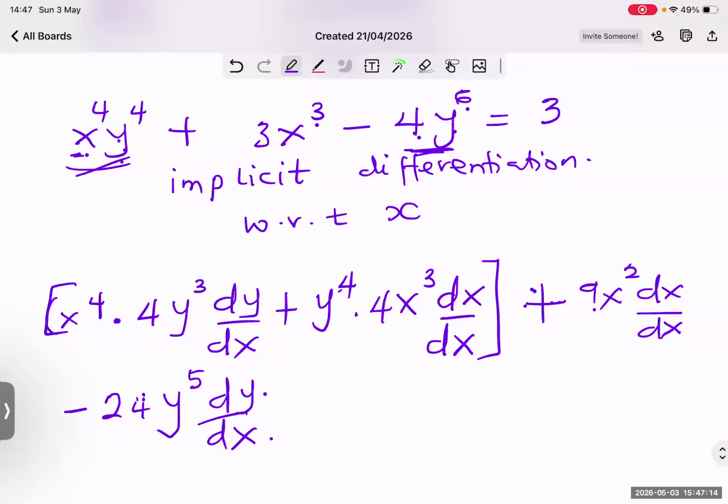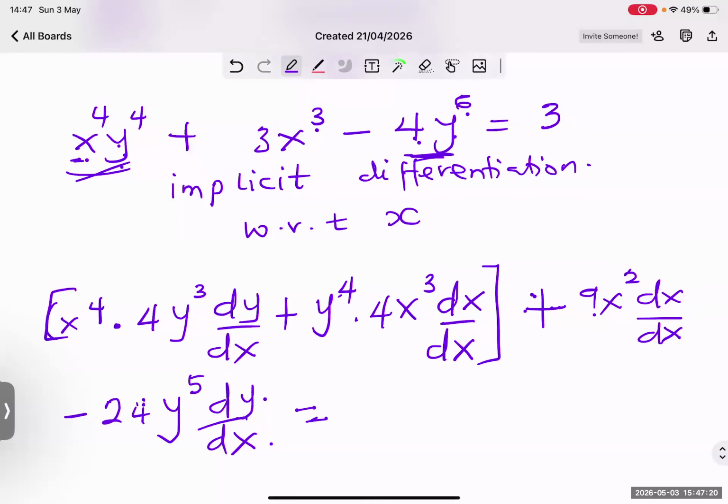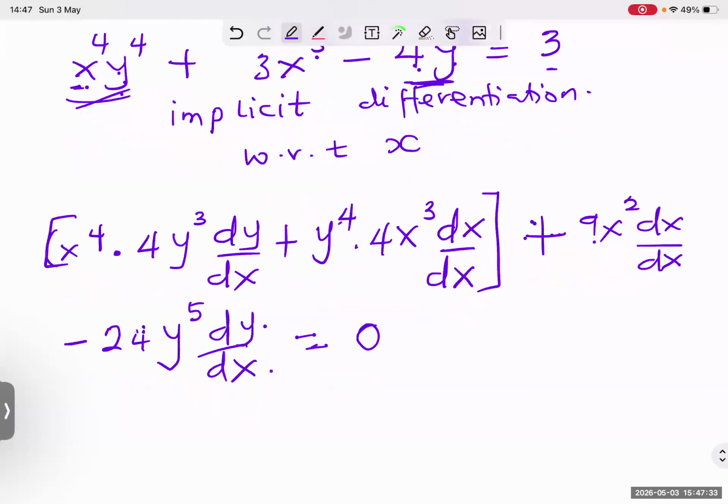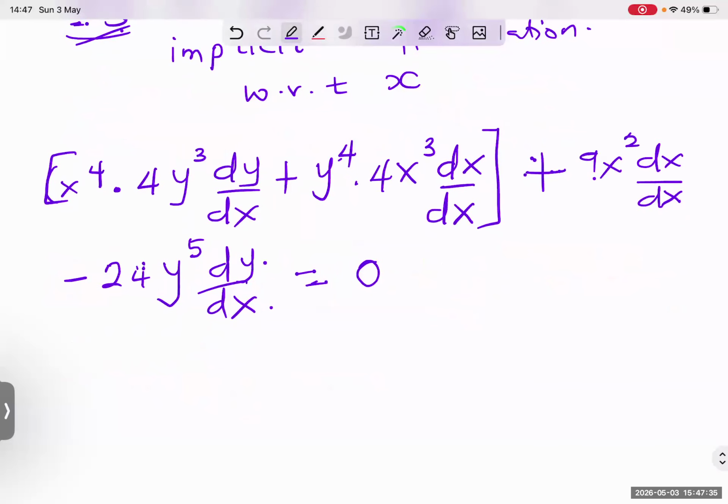The dx means I am differentiating everything with respect to x. This is equal to, we go to the right hand side, differentiate 3. 3 is a constant. Doesn't matter with which variable you're differentiating with respect to, the answer is always equal to 0.